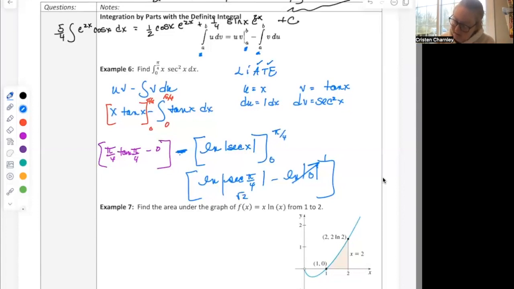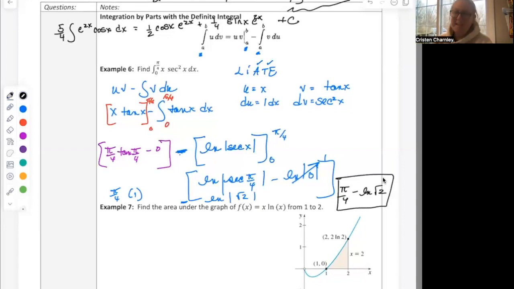Sorry, that's all written out. So natural log square root of 2 minus 1. Here's the minus in the front. Pi over 4, the tangent of pi over 4 is 1. So I am going with pi over 4 minus natural log root 2. The idea is you can still use the boundaries.